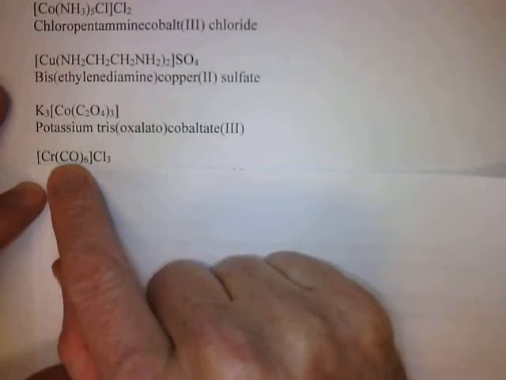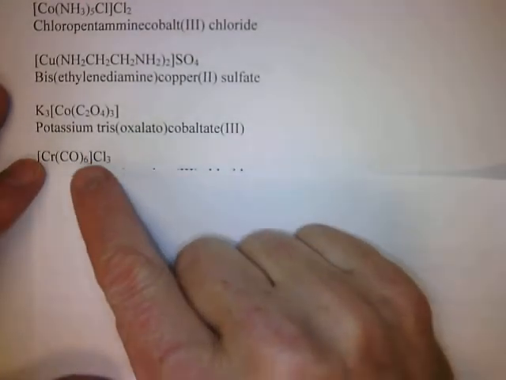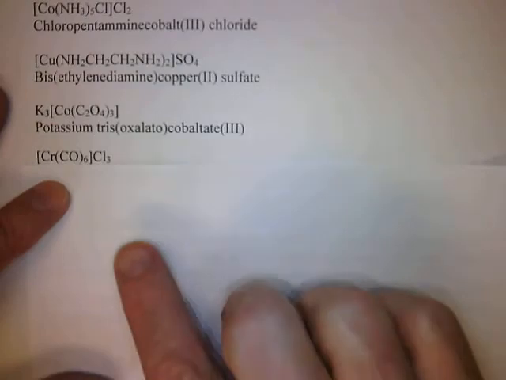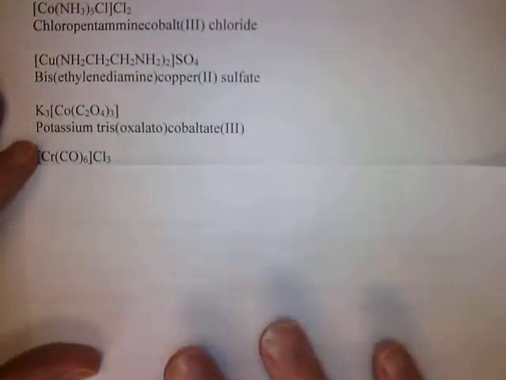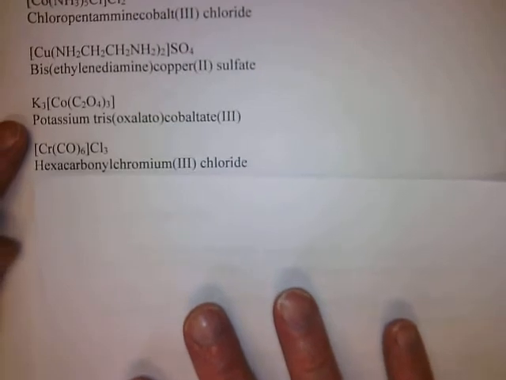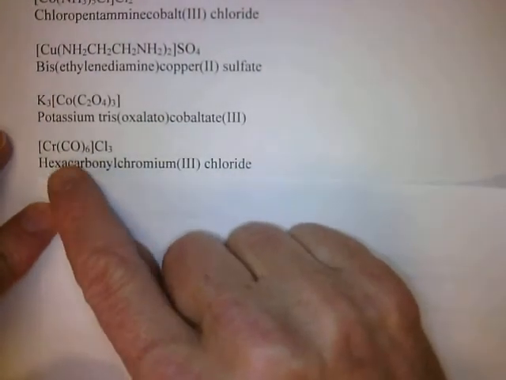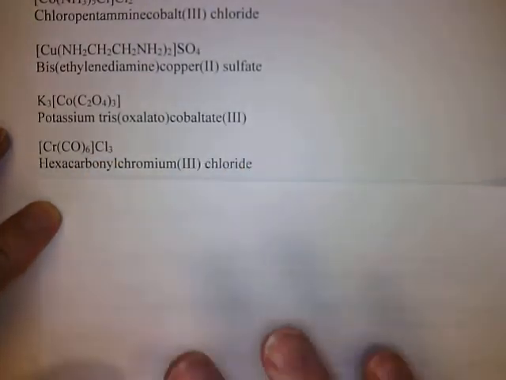No, it does not. So how are we going to name this? Now, carbon monoxide is a neutral molecule, but it's one of those that has a special name. It goes by carbonyl. So our full name is going to be hexacarbonyl chromium 3 chloride.